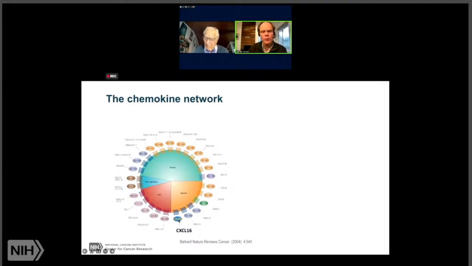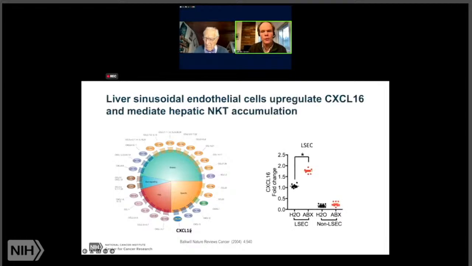So it was very straightforward to look at the ligand for CXCR6, which is CXCL16. And it turns out that indeed, liver sinusoid endothelial cells from mice treated with antibiotics, and remember, the mice treated with antibiotics were the mice that had more NKT cells and fewer tumors, indeed expressed more CXCL16 than the water controls.